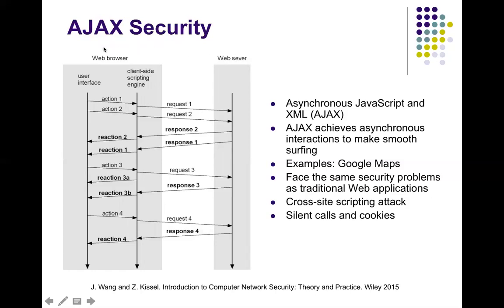Yet another kind, which is not as obvious when you are surfing the web, is AJAX security. AJAX is Asynchronous JavaScript and XML, and it achieves asynchronous interaction to make smooth surfing, such as Google Maps.